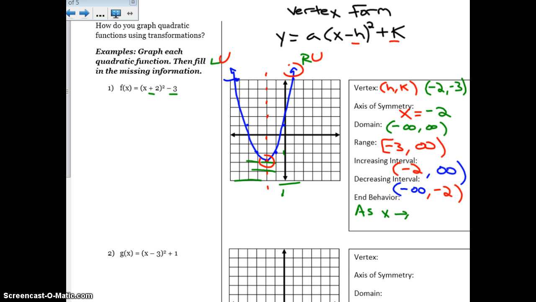So as x approaches negative infinity, we then look to see what the y values, which are also called f of x, approach. So is your left arrow going up or down? It's going up, isn't it? We said it right there. So our left arrow is going up, so we're going to say positive infinity.